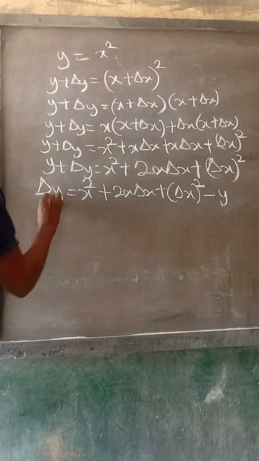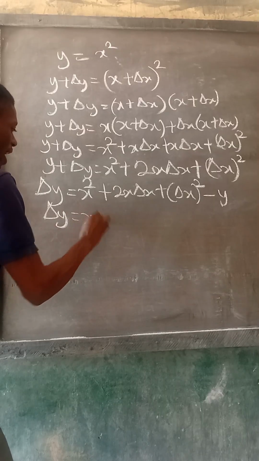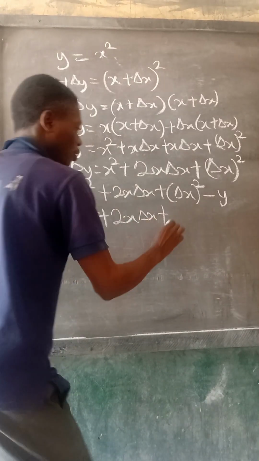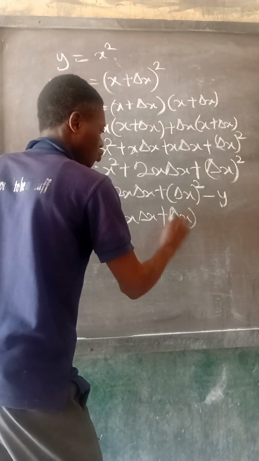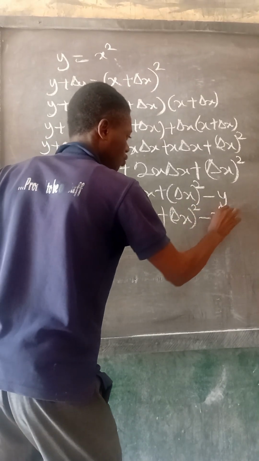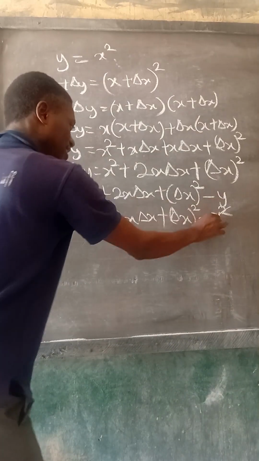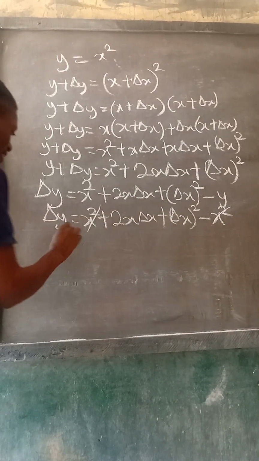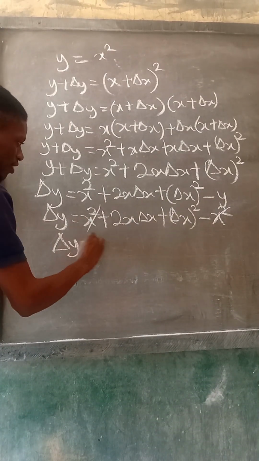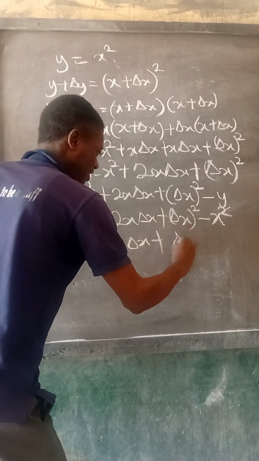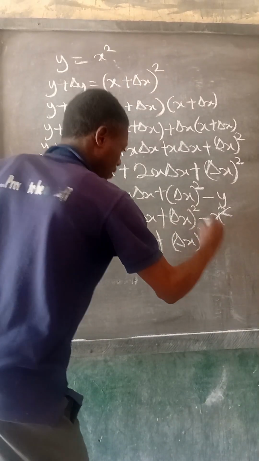So we have delta y equals x squared plus 2x delta x plus delta x all squared minus x squared. So what do you notice? What are we doing next? This we cancel this. So we are left with delta y equals 2x delta x plus delta x squared.